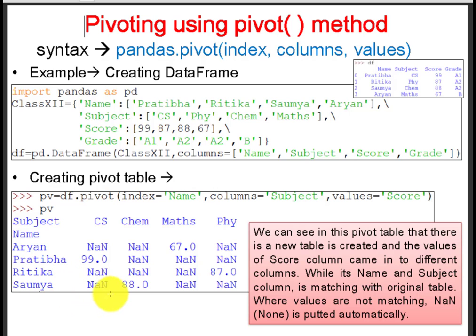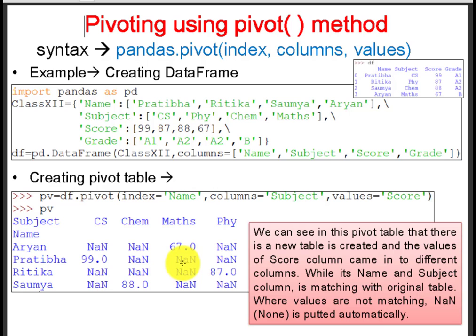And Soumya has only the marks of chemistry. You see in chemistry has the marks, so that's why only the marks of chemistry are shown and the others none.